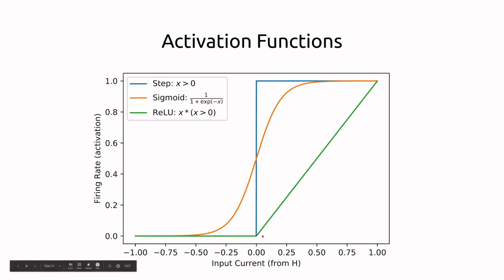But where this falls down is that the output increases without bound purely as a function of input. And this is not the case. What we often see in biology is a saturating curve, like we see with the sigmoid function.